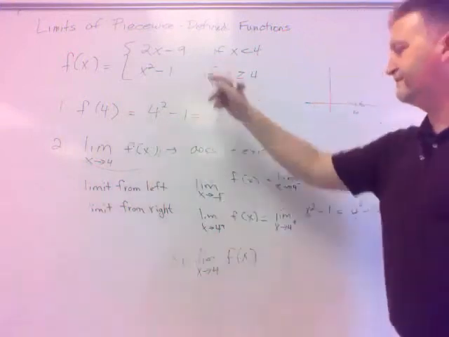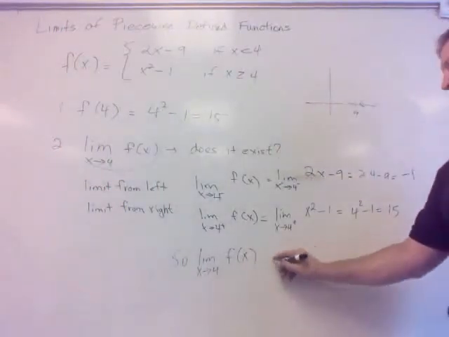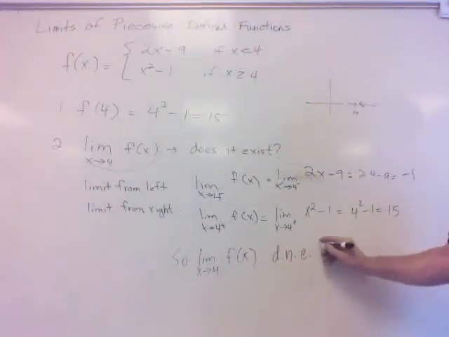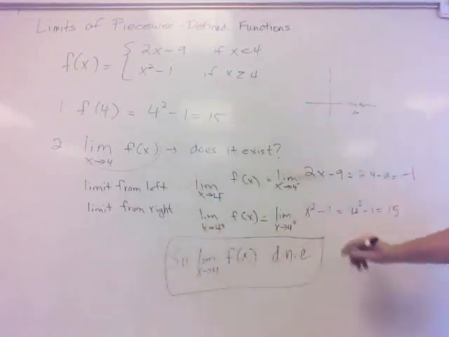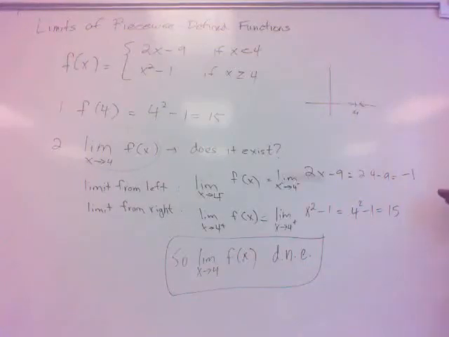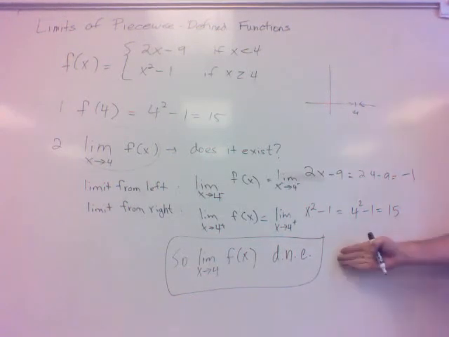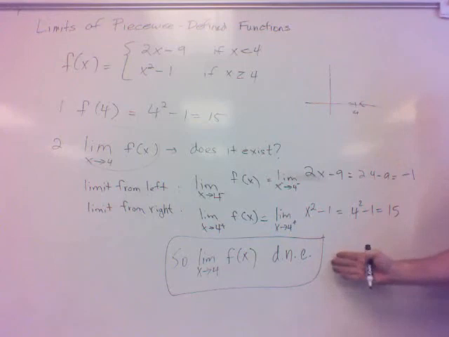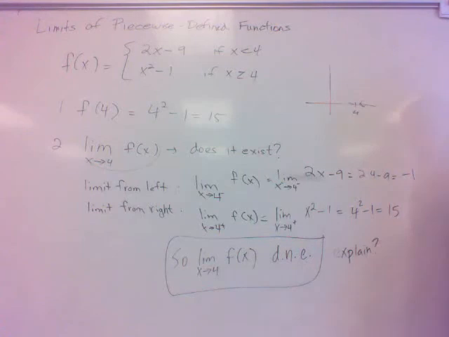Of this f of x, the limit as x approaches 4 does not exist. Because, why? The limit from the left does not equal the limit from the right. And I did start grading some of your homework, and when it says explain if something exists or does not exist, and it asks you to explain, then the best way to explain it is the limit from the left does not equal the limit from the right.